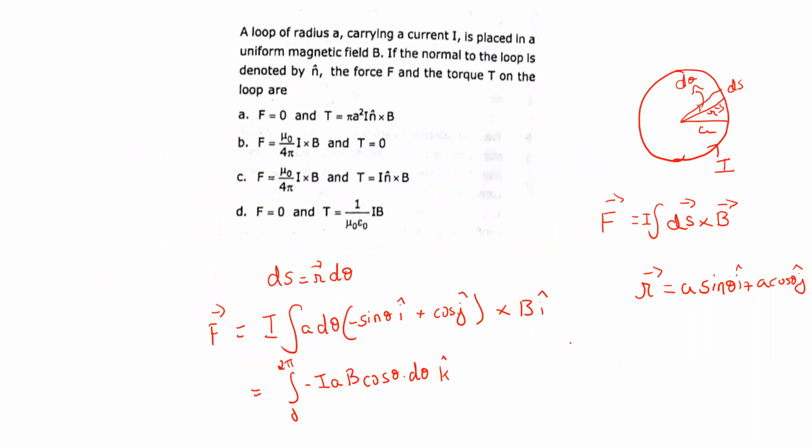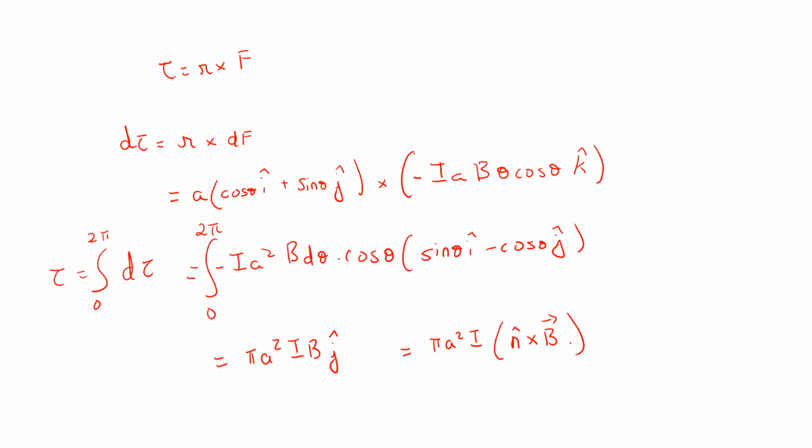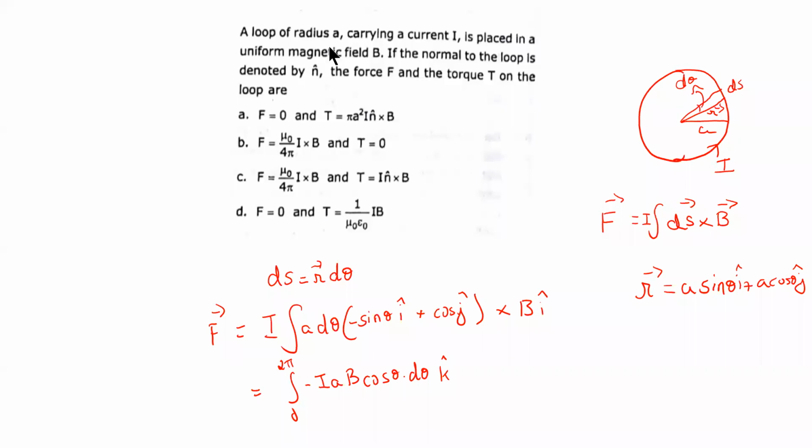So I can define the j vector as n cap cross B, because n is in the direction of the k vector and B is in the direction of the i vector. The cross product of k and i gives the j vector. So I can write it like this. Therefore the right answer to this question is given by option A.